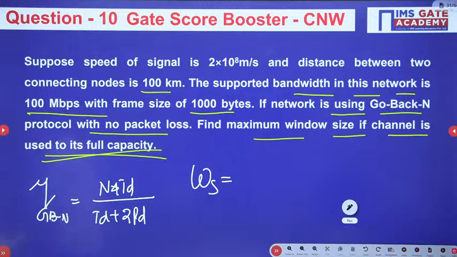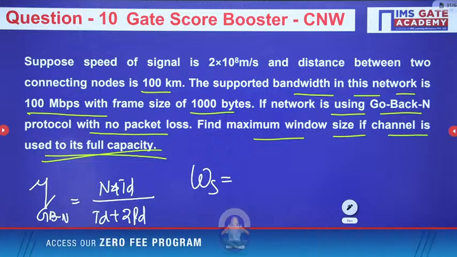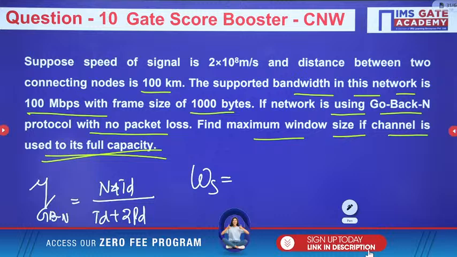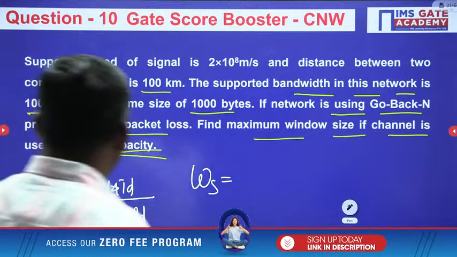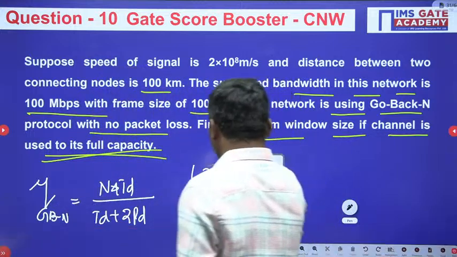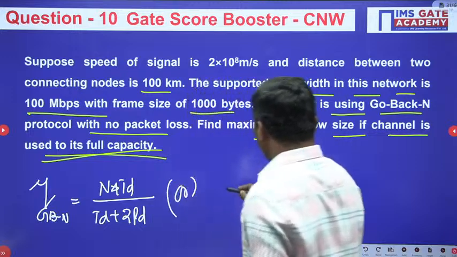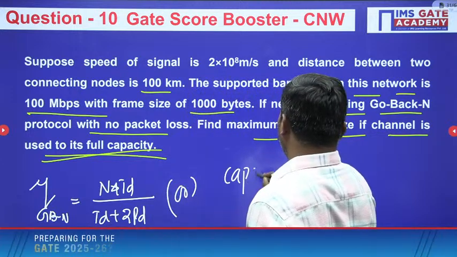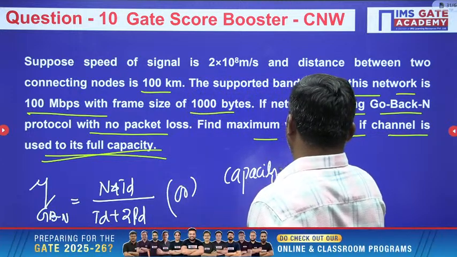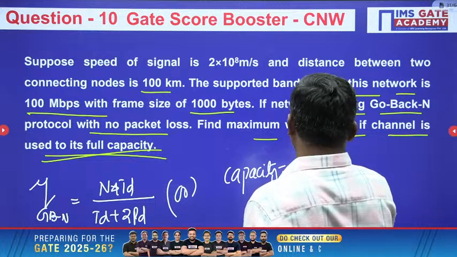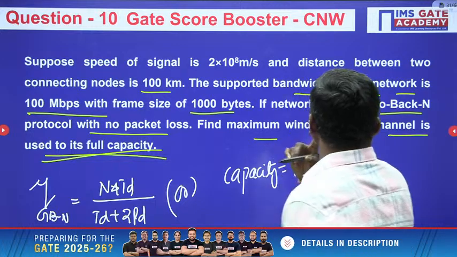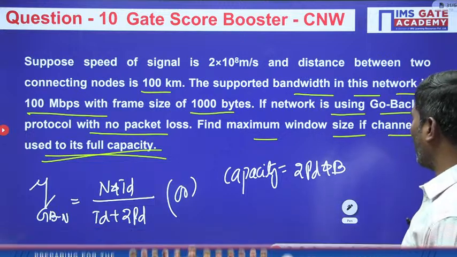So JP, what is one indication? Or else we can also use it like this, correct? Find the capacity of the channel. So 2 times propagation delay into what? Bandwidth. Find the propagation delay and the bandwidth.